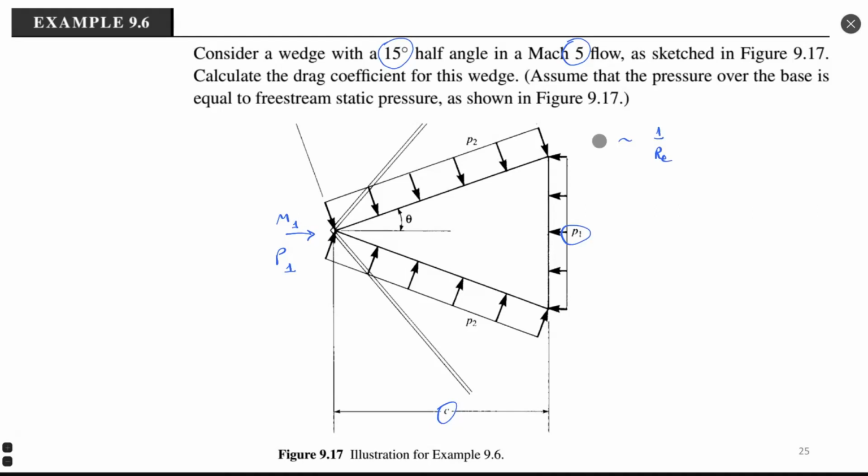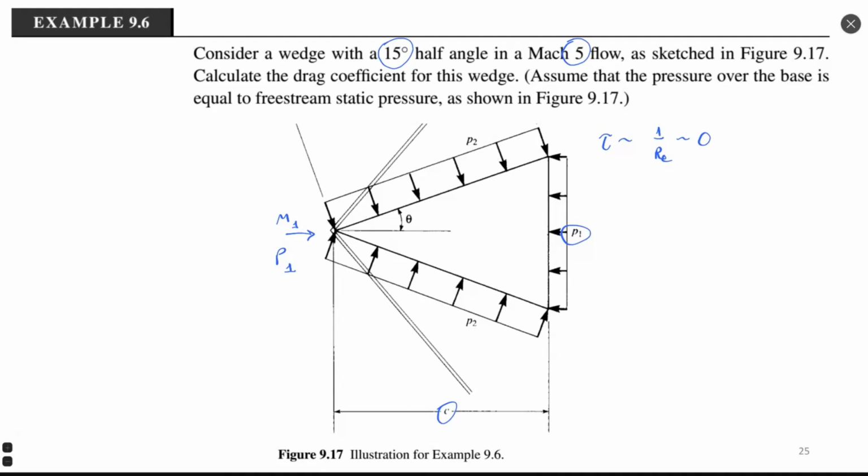It's tau. Since the Reynolds number goes to infinity, that shows us that the shear stress goes to approximately 0. We will consider just pressure forces in such a calculation.